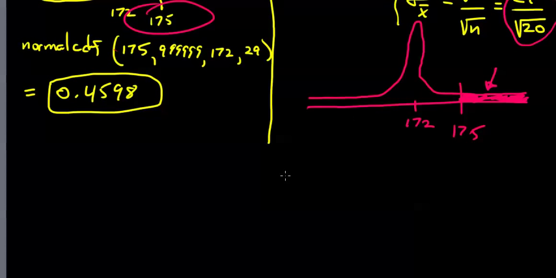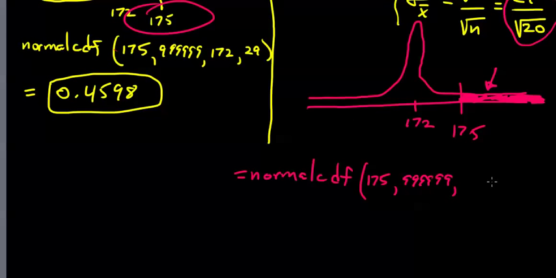Again, I can grind this out with my normal CDF function. The left bound is going to be 175. The right bound, remember, these x values theoretically go off to forever, so I'll plug in 999,999, our best approximation for infinity.